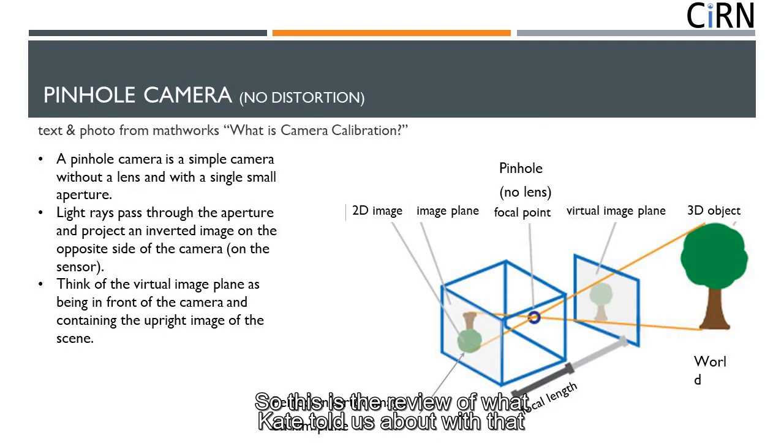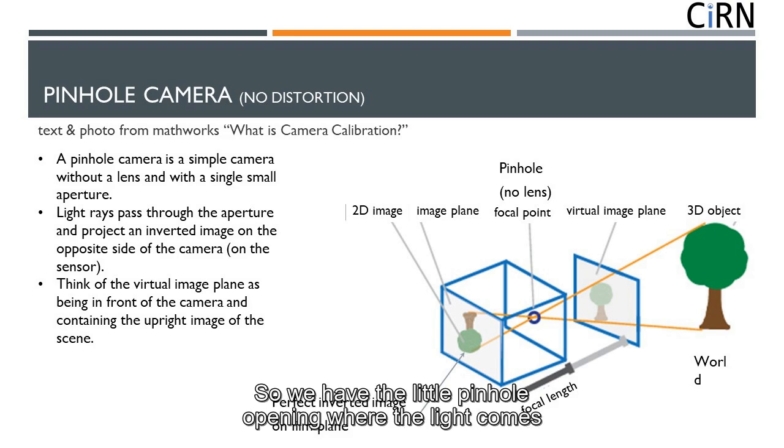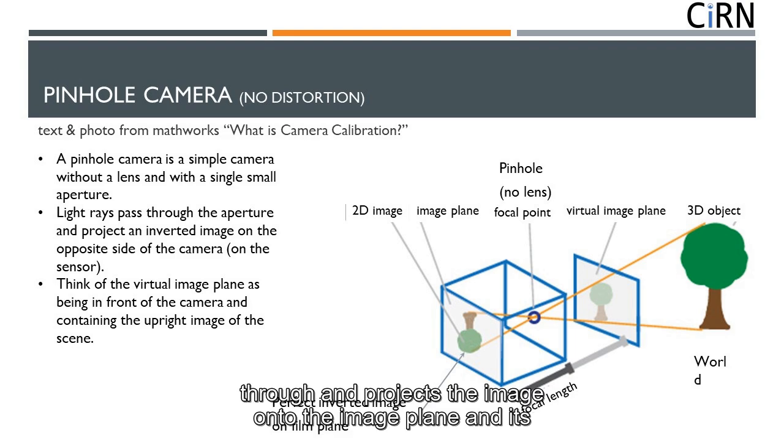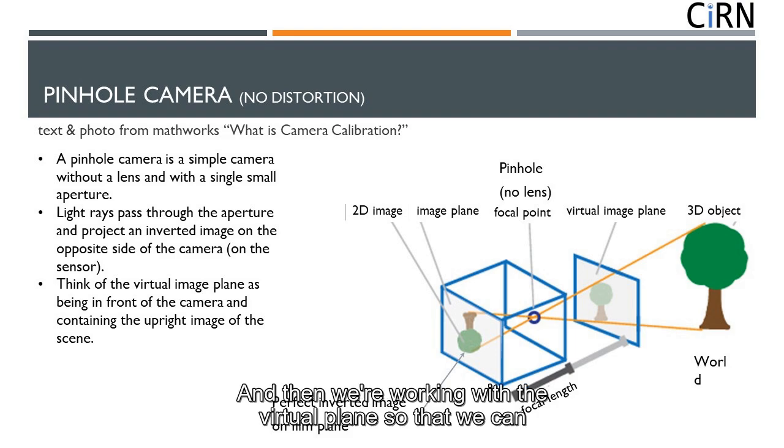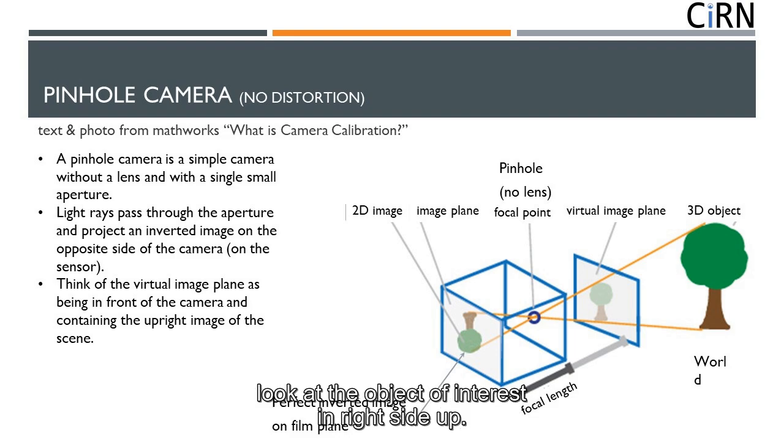So this is the review of what Kate told us about with that ideal pinhole camera. So we have the little pinhole opening where the light comes through and projects the image onto the image plane, the image sensor, a focal length different distance from the focal point. And then we're working with the virtual plane so that we can look at the object of interest right side up.